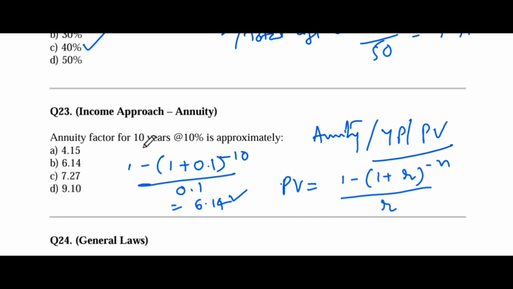See here, actually understand the question. A person purchased a property, right? There is a plot A. The person X purchased this. So X is going to get a return of 1 rupee every year.